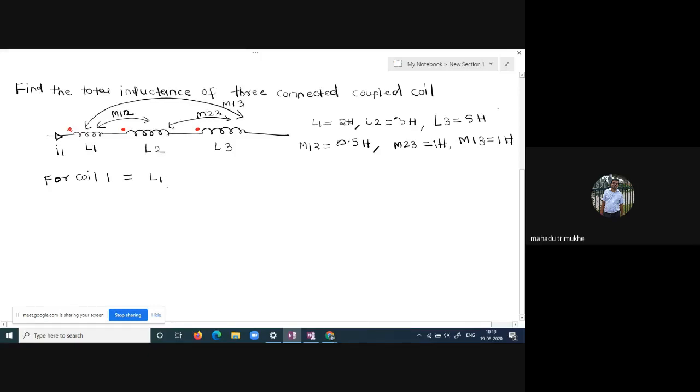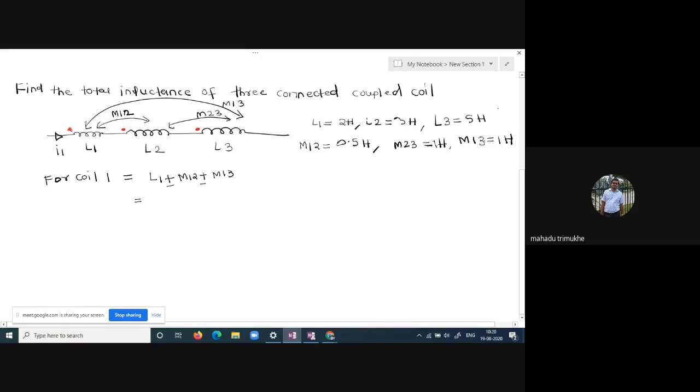So we add them with the same sign: L1 plus M12 plus M13. The plus sign is used for both.